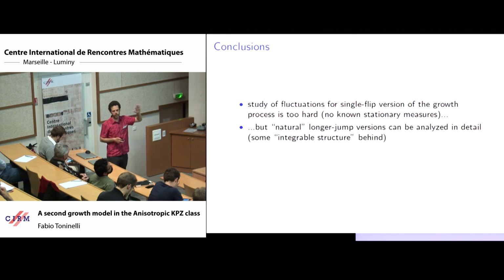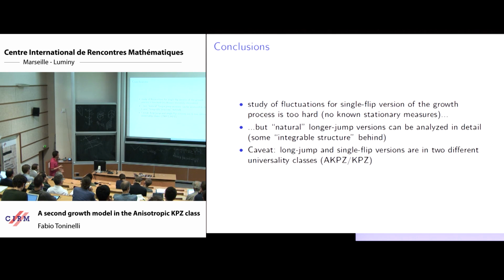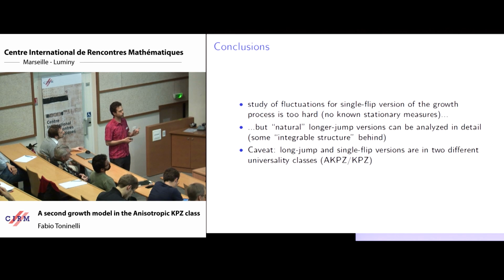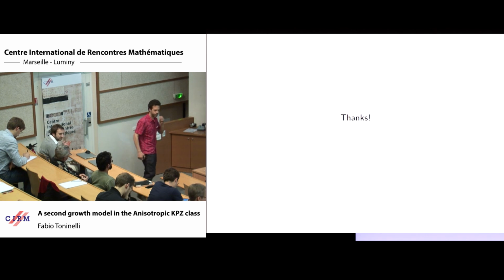There is some integrable structure behind it that guarantees that invariant states remain Gibbs. But other than that, I'm not using this structure for the dynamics itself. And once more, a remark: we have changed the dynamics and we have also changed the universality class. The single flip dynamics and the long jump one should fall in two different classes. So it's not an innocent change we made. That's it. Thanks.